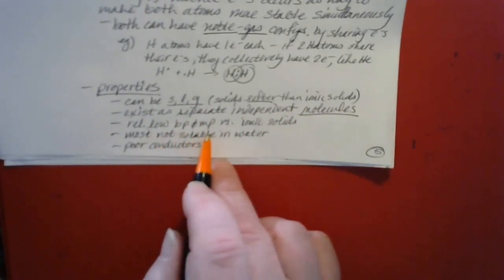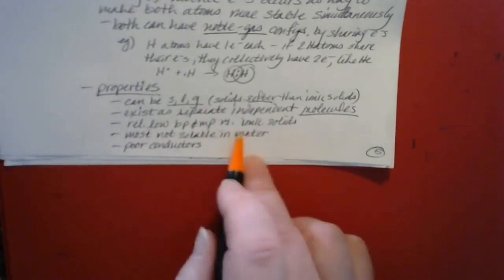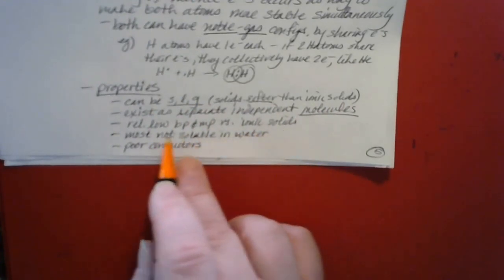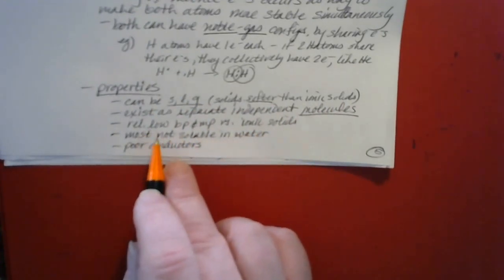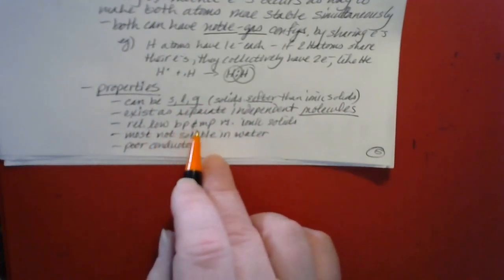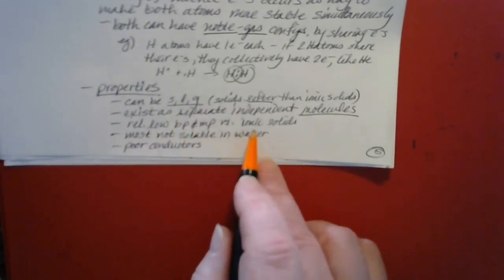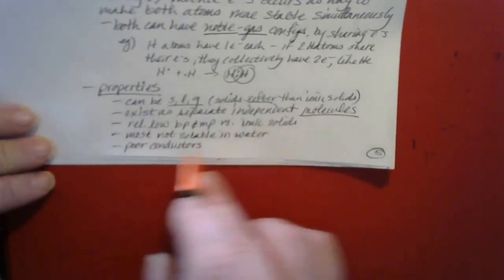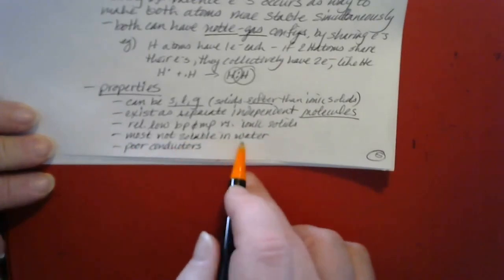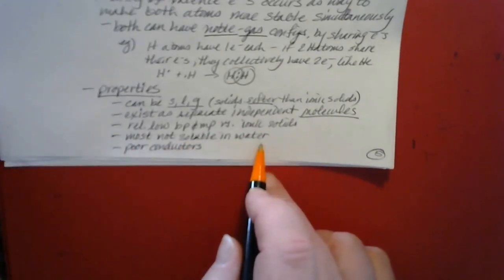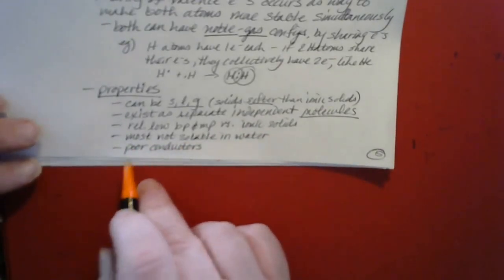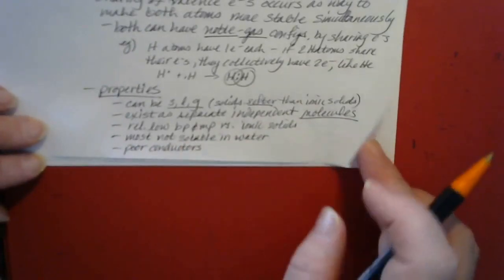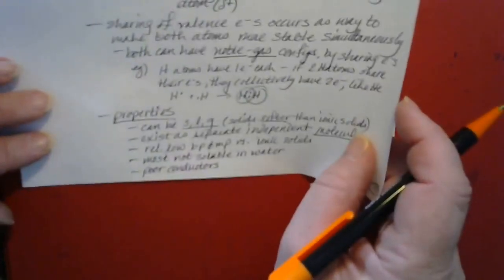They have relatively low boiling points and melting points compared to ionic solids, although some covalently bonded compounds have pretty high boiling points and melting points, but they're generally lower than those of ionic solids, which are very high. Most are not soluble in water, and they are poor conductors of heat and electricity. So they're fairly different from ionic compounds.